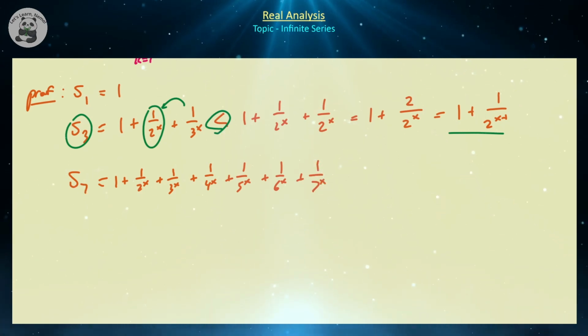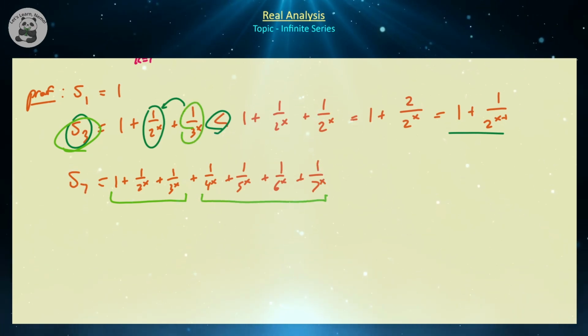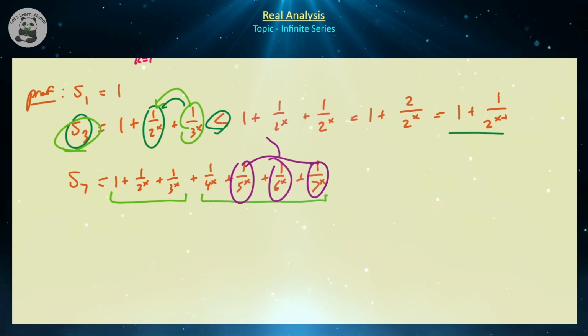If you notice, 1, 2, 3 is our S3, and then we have these 4 terms here. Keep in mind we shifted 1 over 3 down to 1 over 2. We're going to be shifting 1 over 7, 1 over 6, 1 over 5, all of these down to 1 over 4.